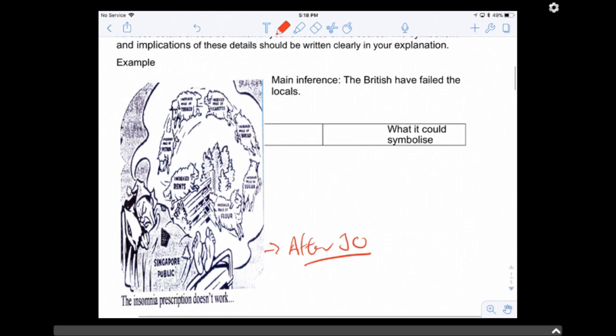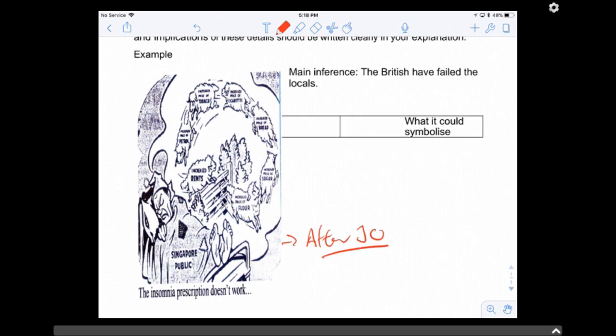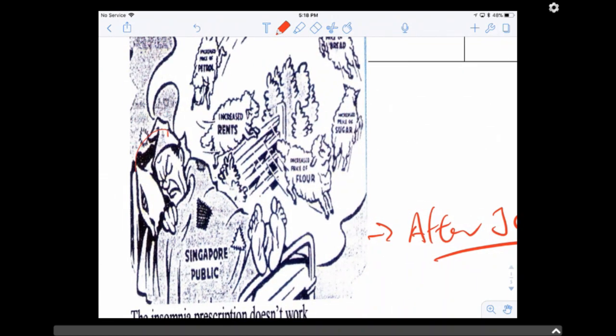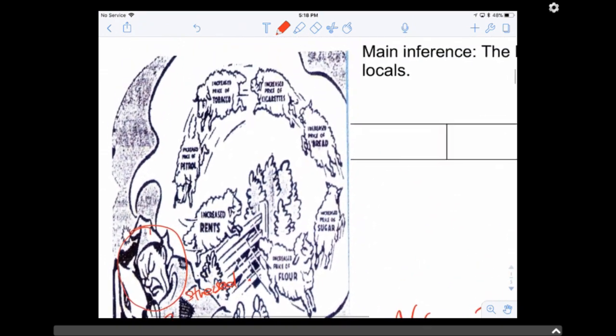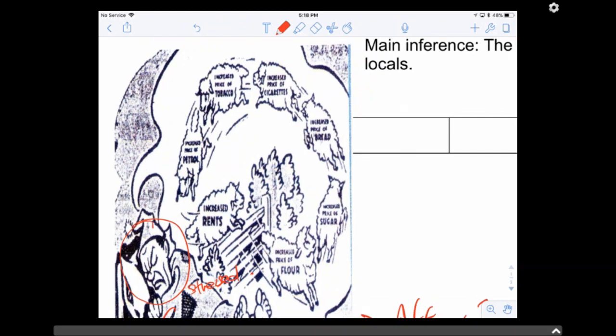So you see this picture here. This man here has an expression looking very annoyed, very stressed, right? And who does he represent? He represents the Singapore public. And what is he dreaming of? He's dreaming of sheep. And what are the sheep doing?